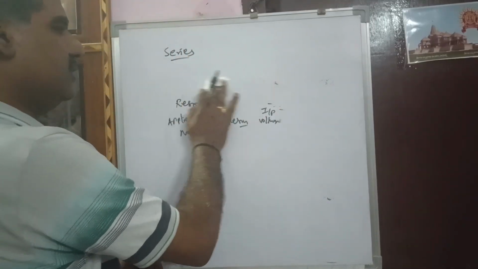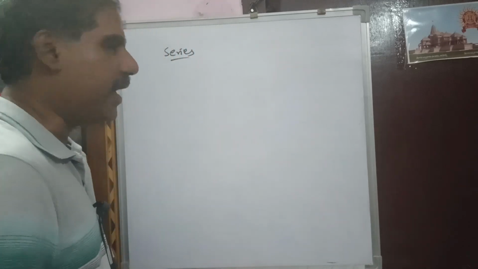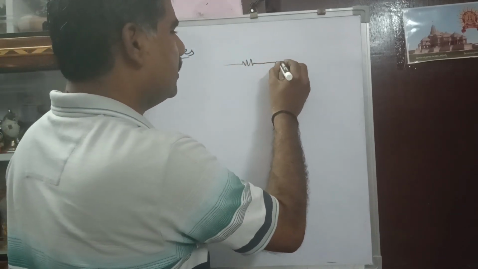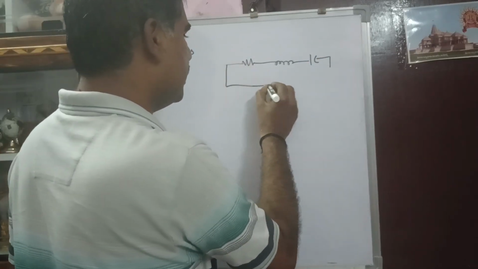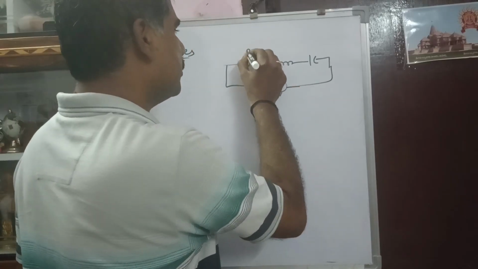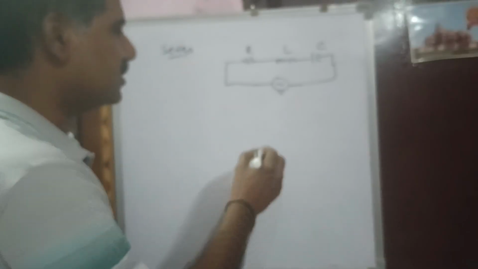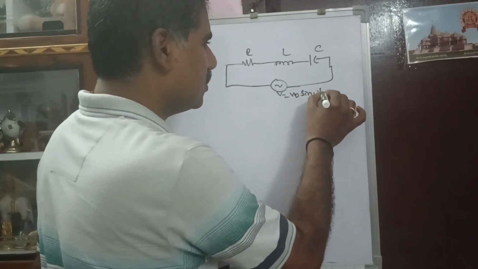For that, I am taking the circuit as a resistor and inductor, and again I am connecting a capacitor. I am applying a voltage source to the circuit, R, L, and C, that is V0 sin omega t.